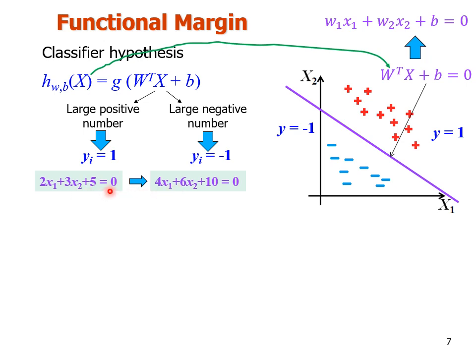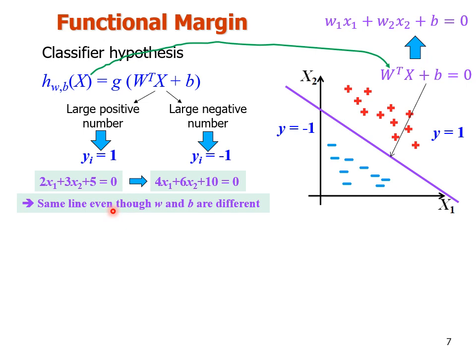Obviously, these two expressions or these two linear functions denote the same line even though the parameters w and b are different. In second case, we have scaled our w and b by 2. So, these two functions are giving me the same hypothesis or the same line with different parameters w and b.